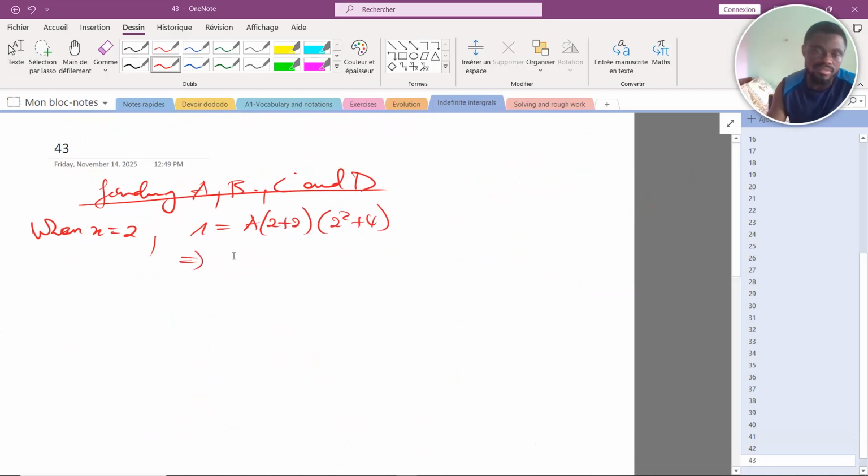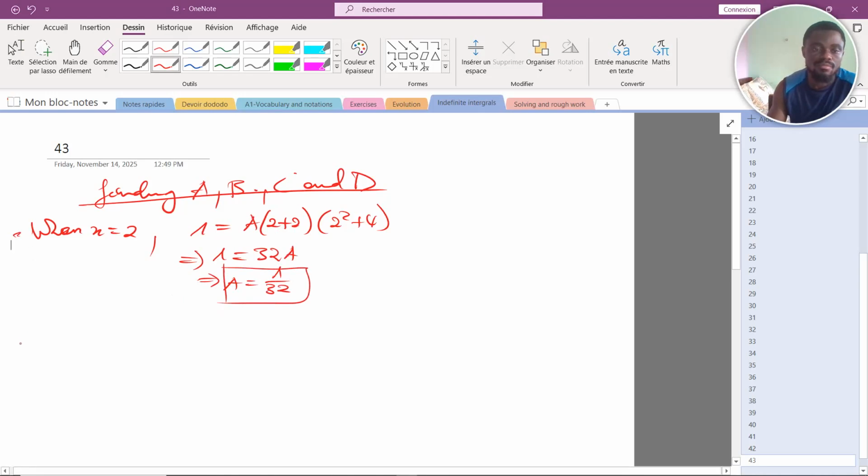So this implies 1 will be equal to what? 2 square is 4, so this gives 8, and 8 times 4 is 32. So I'll have 32a, implying a will be equal to 1 on 32. So we have already our a.